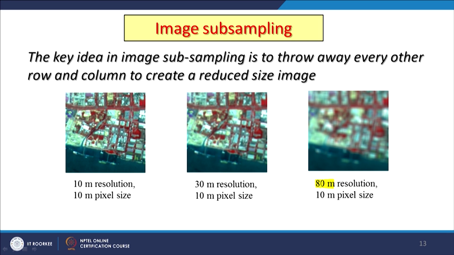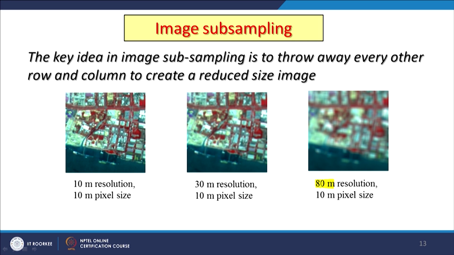So, a 10 meter input image has to be reduced to 80 meter. But the reverse, as I have said, cannot be done: an 80 meter resolution image cannot be improved to 10 meter resolution. So, subsampling is definitely possible, and this is done sometimes in special circumstances, and such steps are taken in digital image processing to reduce the image.